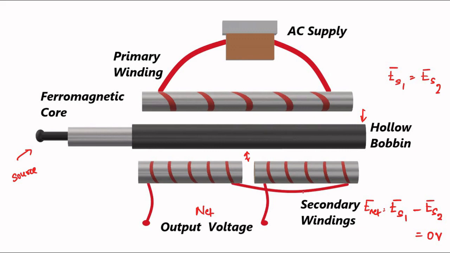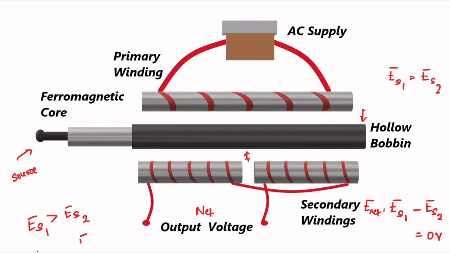The secondary winding with which the degree of coupling increases will generate a greater secondary winding potential. Let us say the degree of coupling with the first secondary winding increases, so the voltage across that secondary winding will be greater than the other. In that case, the net output will be non-zero.